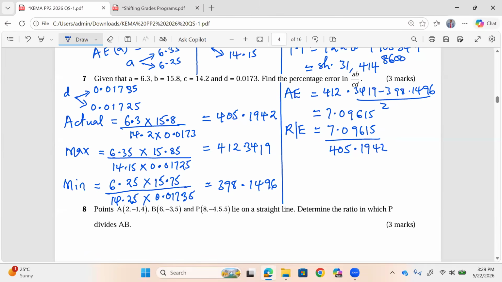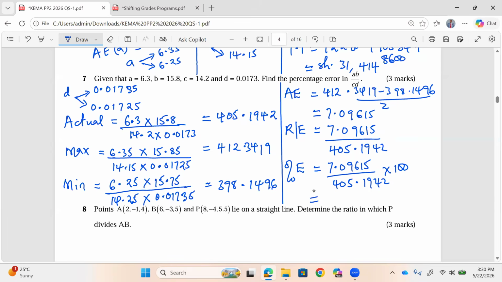Then for us to get the percentage error, we need the relative error times 100.